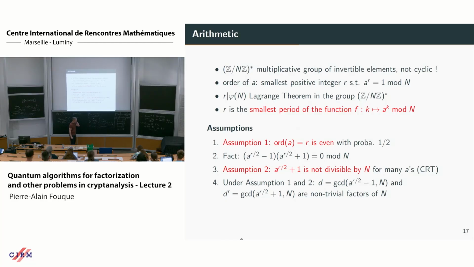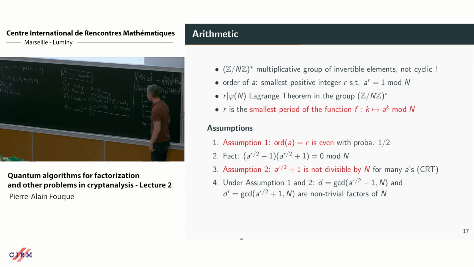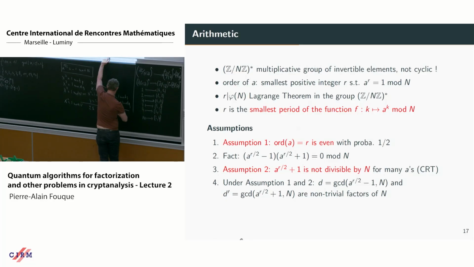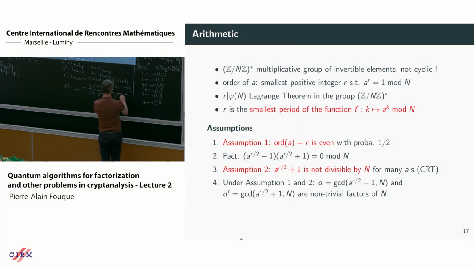The trivial solution minus 1 is 14. But for instance, x squared equal 1 mod 3, and x squared equal 1 mod 5.